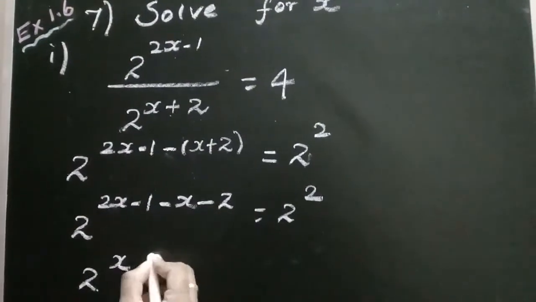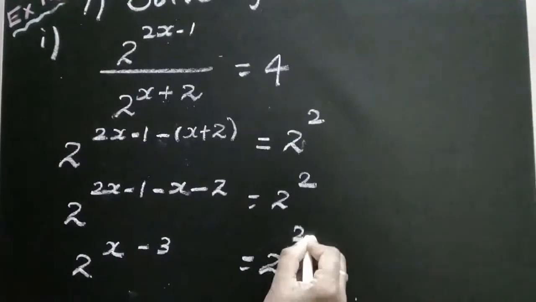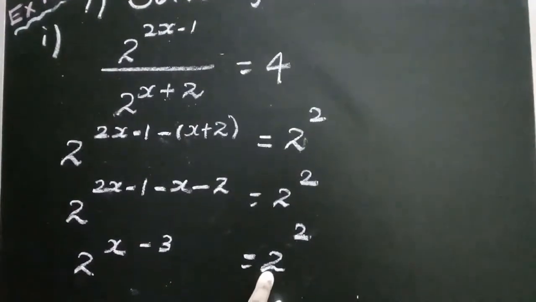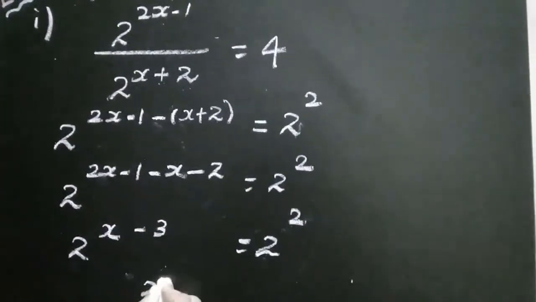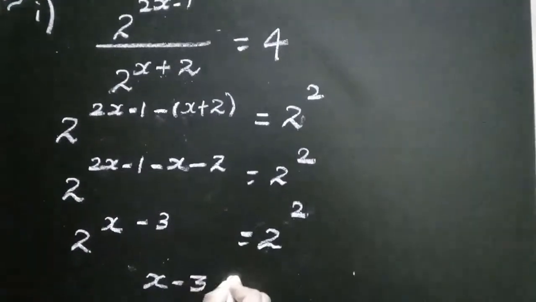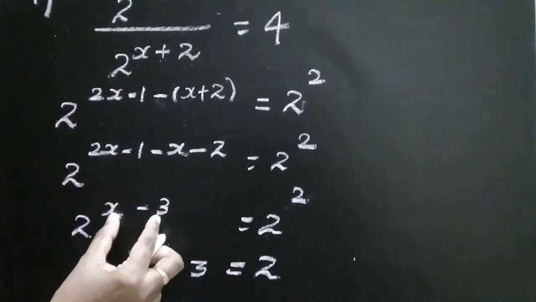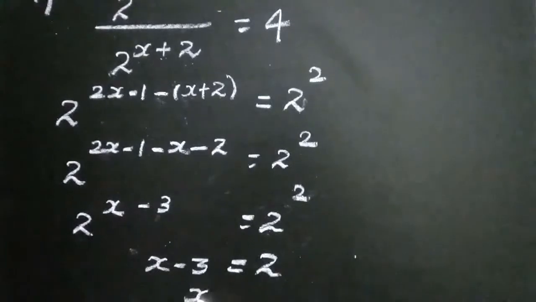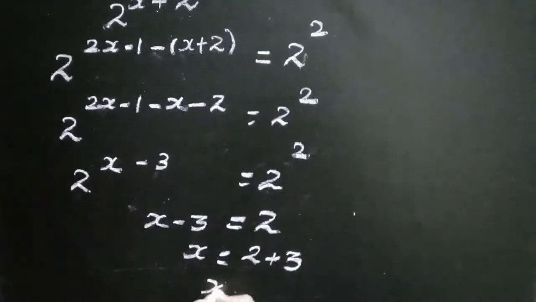Minus 1 minus 2, minus 3 equal to 2 power 2. Here the base is equal. We have to compare the powers. So x minus 3 equal to, so base equal means power also equal. x minus 3 equal to 2. Therefore x value is 2 plus 3. The x value is 5.